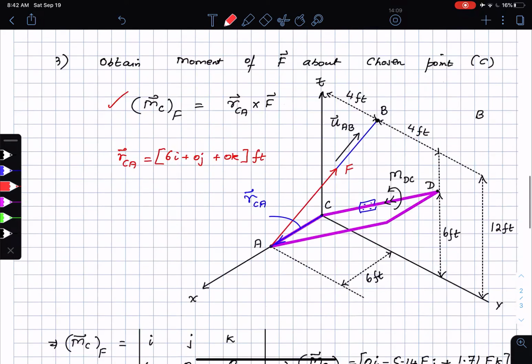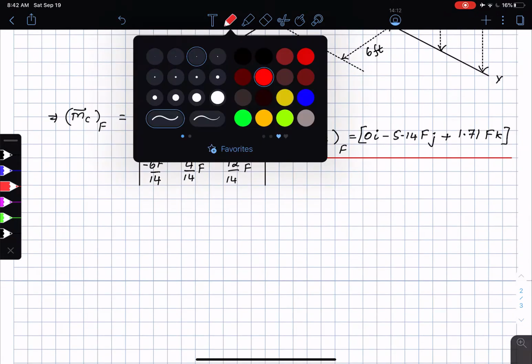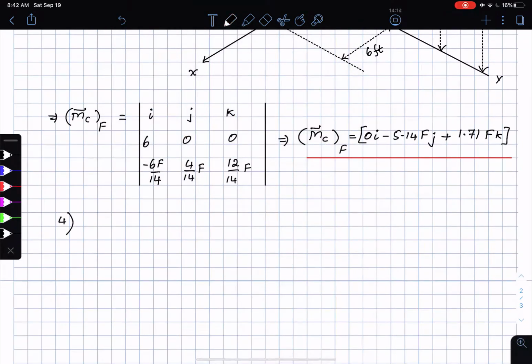Then I come to my next step. That is step 4. I write out the unit vector along the line of interest.